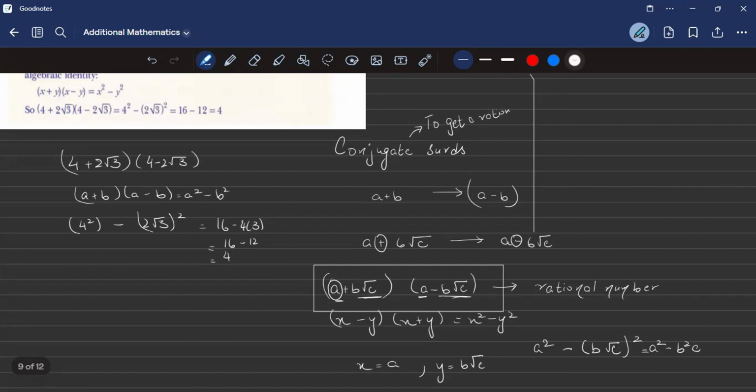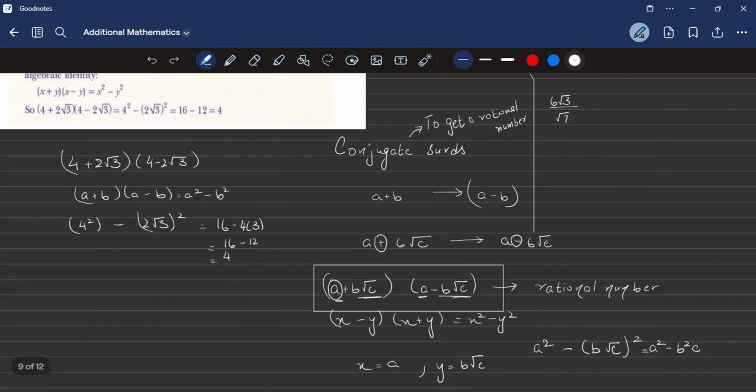And normally in maths, and even in O level maths, by the way, for example, if we have our answer 6 under root 3 divided by under root 7, what we do is we rationalize the denominator. You might have heard that term. What that basically means is we remove the under root sign from the denominator.